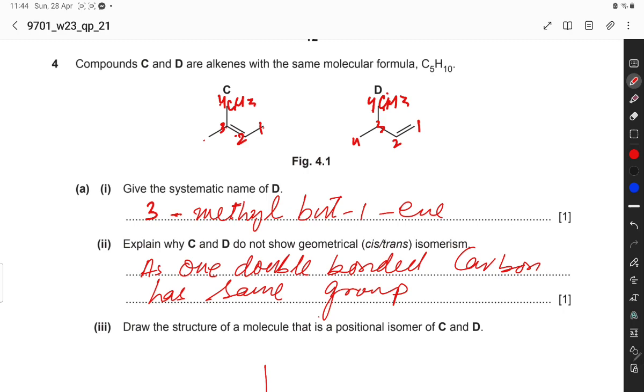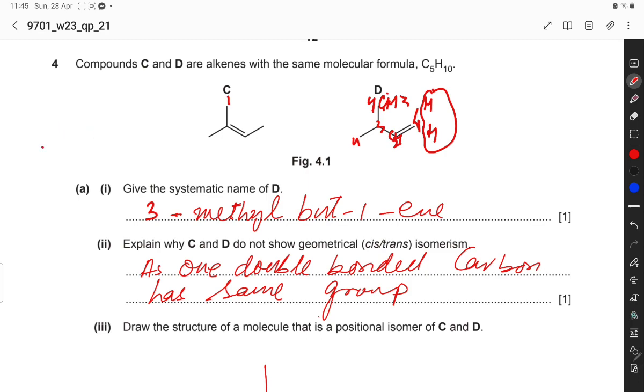Explain why C and D do not show geometrical isomers. Because a double-bonded carbon has the same groups, like this one has H and H, and this one has the same group as well. In the other, this carbon has H and CH3, and this carbon has H and CH3.